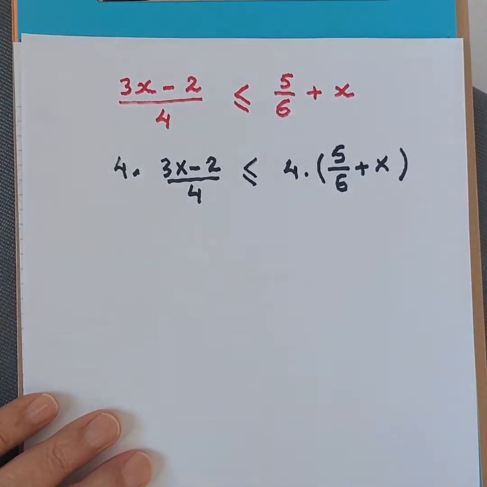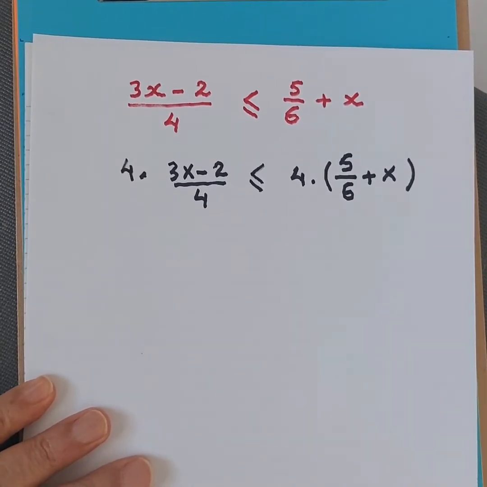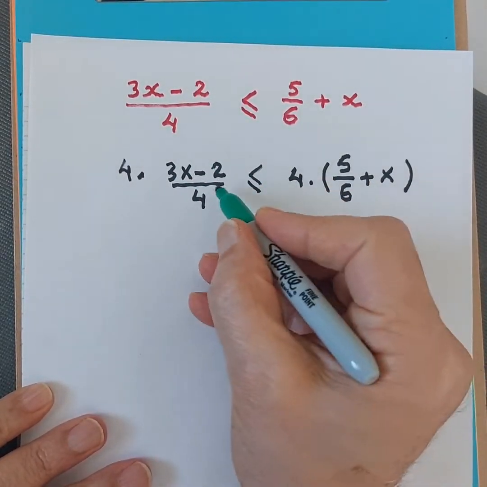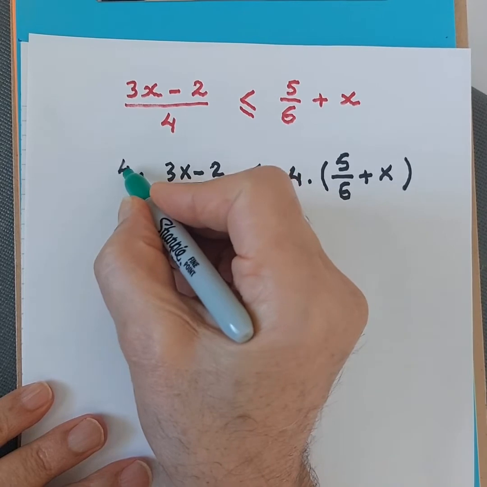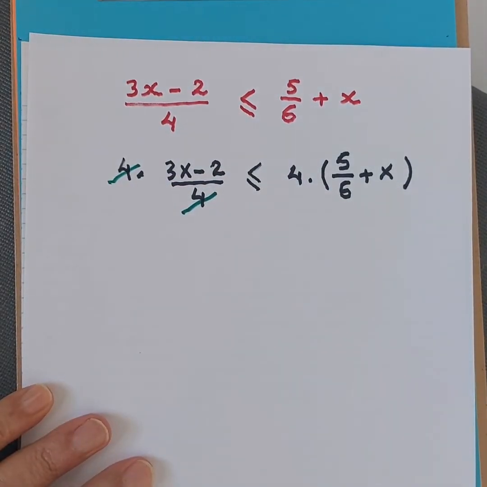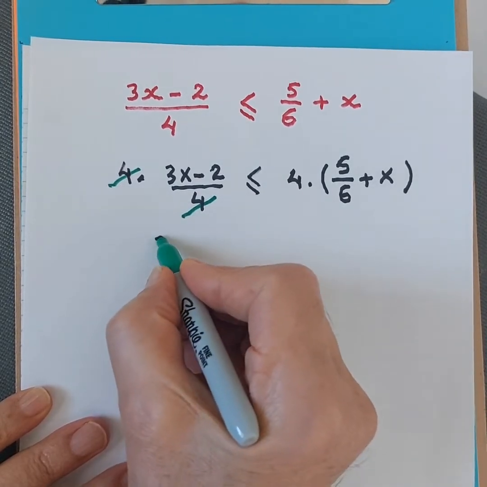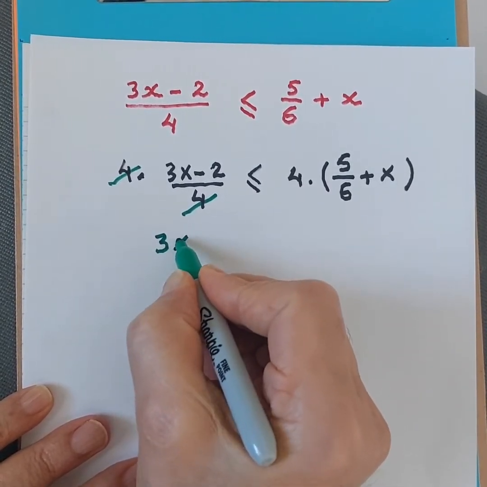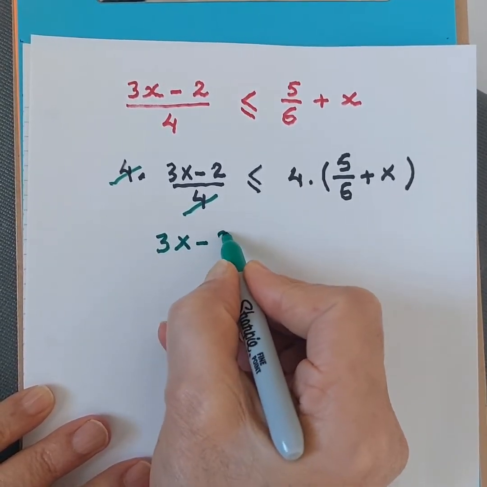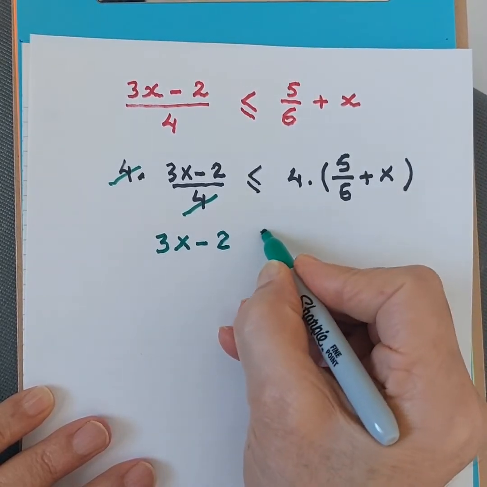Then you can make cancellation. Cancel number 4 in the denominator with number 4 here. You will get only 3x minus 2 is less than or equal to.